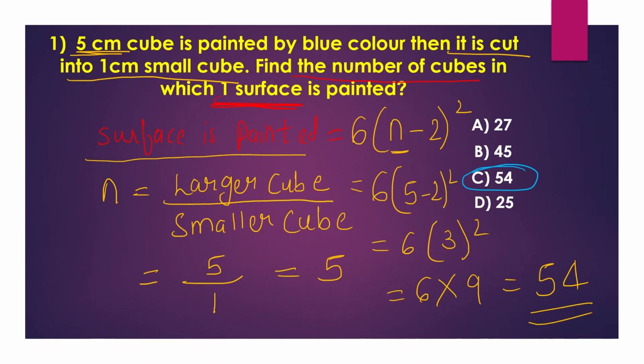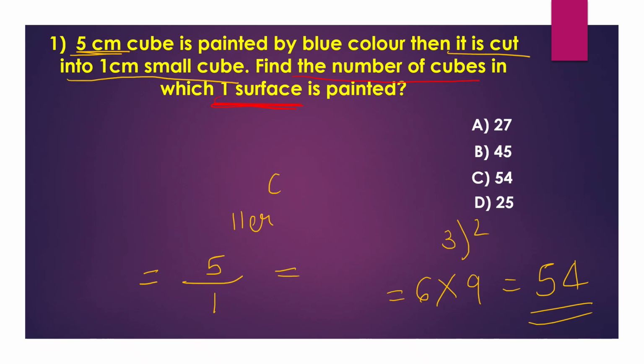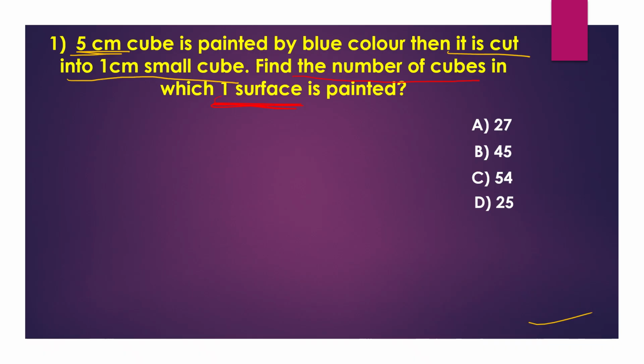Now if they ask when two surfaces are painted, same question, what will be the answer? n will be 5 upon 1, that is 5, correct?